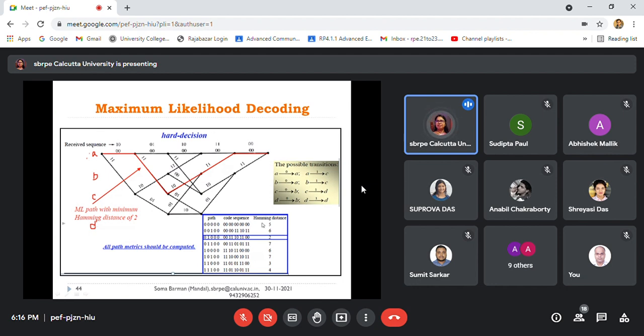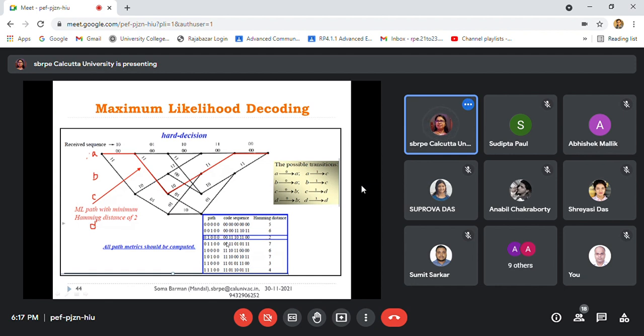So this way you have to calculate, and based on that, the red mark, that is this path 0 0, then 1 1, 1 0, 1 1, 0 0. This path, 0 0 1 1 1 0 1 1 0 0, will differ from the received code word 1 0 0 1 1 0 1 1 0 0 by only 2.